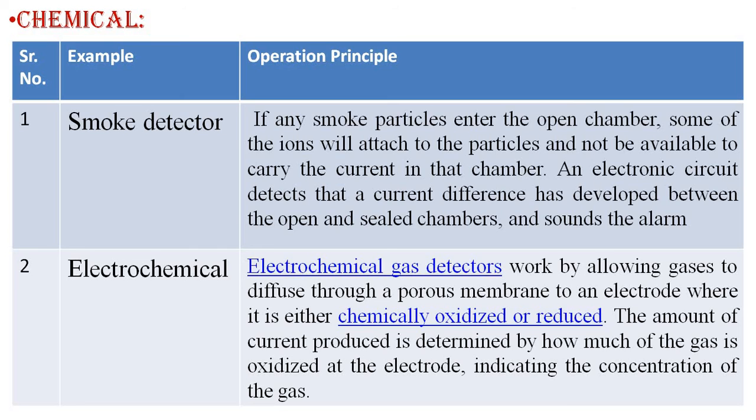The amount of current produced is determined by how much of the gas is oxidized at the electrode, indicating the concentration of the gas. We have already seen that example in gas sensors. So we detect the chemical or gas by an electrode and convert it into a current. That is the electrochemical sensor.